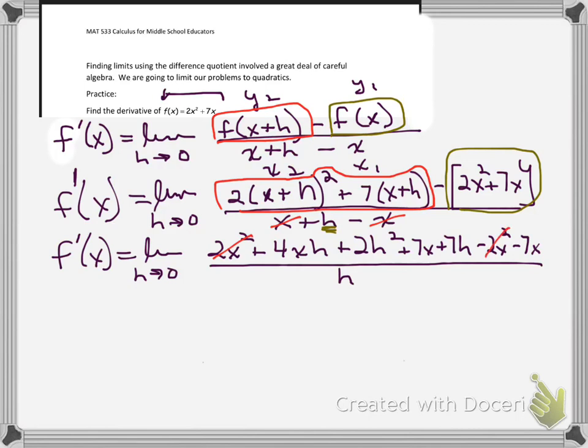I have a positive 2x squared and a negative 2x squared, and a positive 7x here and a negative 7x here. That's good. If something does not cancel and you're left with an x without an h, don't go forward. Go back and figure out where you may have made a mathematical error and fix it. Okay, so I'm going to copy this slide to the next page and then continue the process.